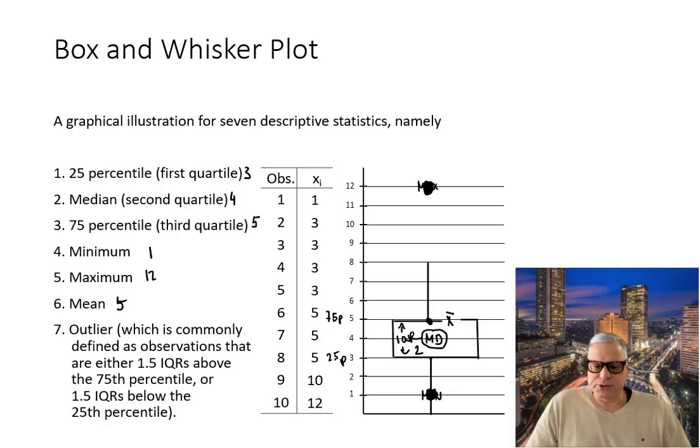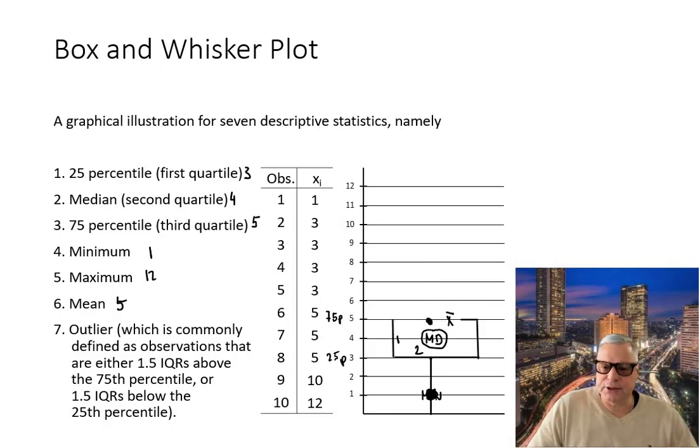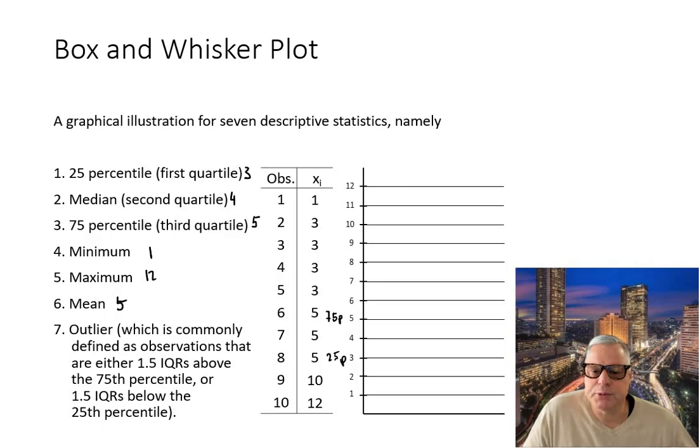And so that was very detailed, and in most of the cases, it will just look something like this. So you will see a box. In this case, we said it's between 5 and 3. That gives you the interquartile range.